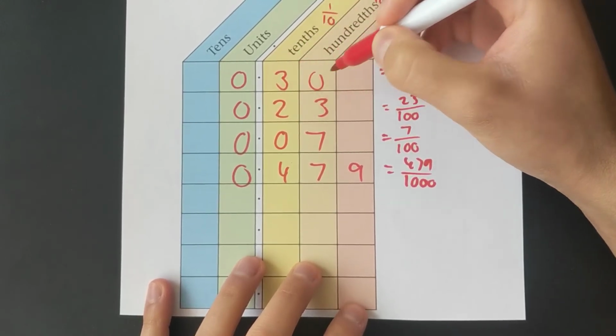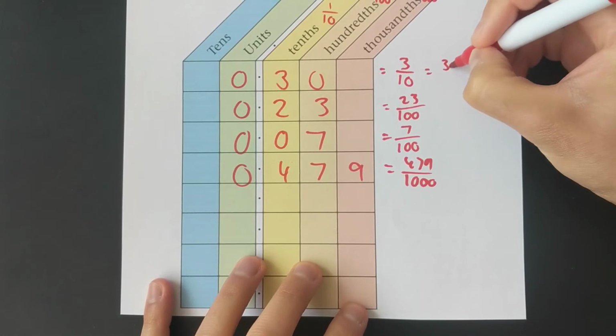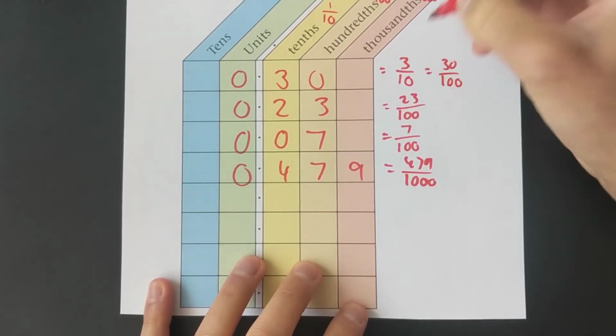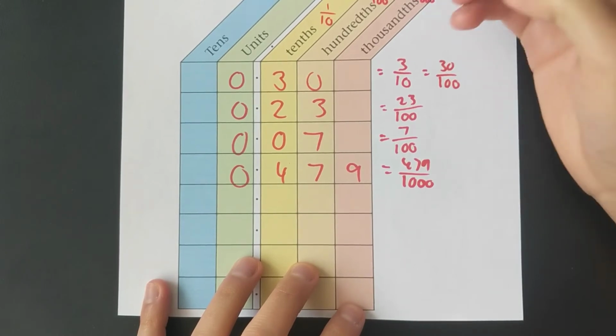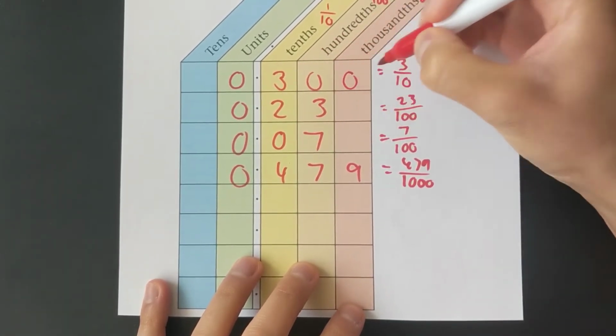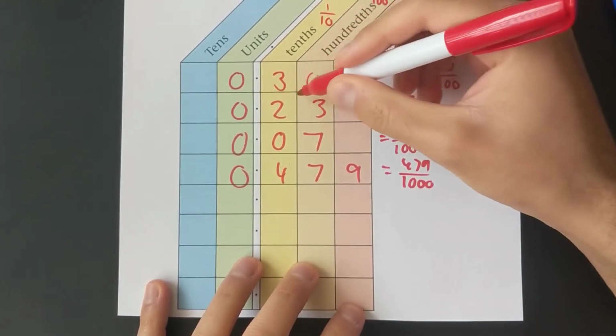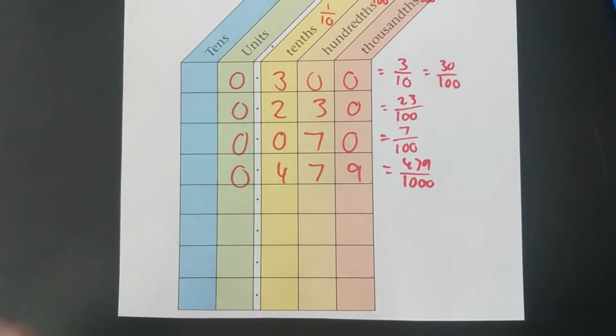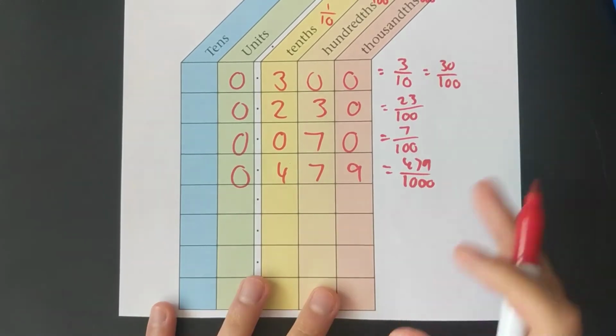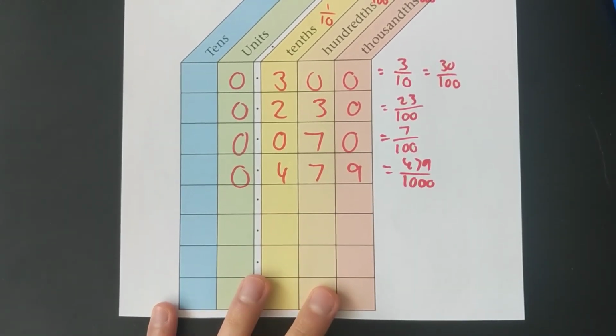Here, 0.30 is just 30 hundredths, which simplifies down to 3 tenths, as I'm sure you remember from simplifying fractions. That's worth exactly the same as 300 thousandths. That is still 3 tenths. So adding zeros afterwards doesn't change the value of the number when it's after the decimal point.